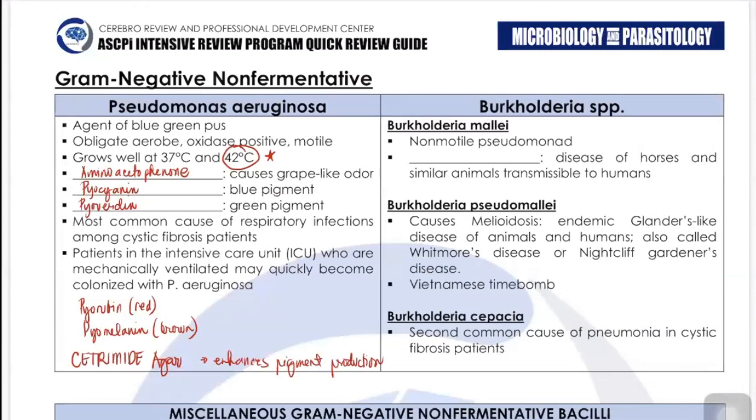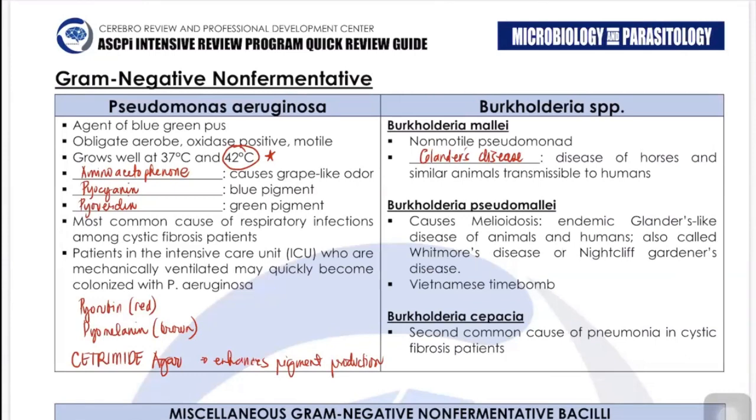Here we have three. First, we have Burkholderia mallei, a non-motile pseudomonad, which causes glanders disease. Okay, glanders disease. So this is a disease of horses and similar animals that can be transmitted to humans. So it is a zoonotic infection.